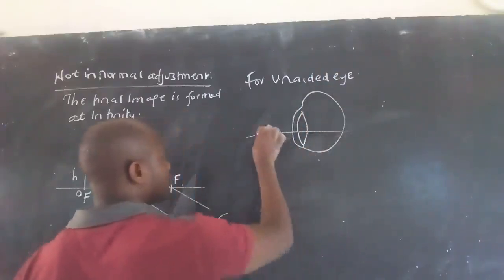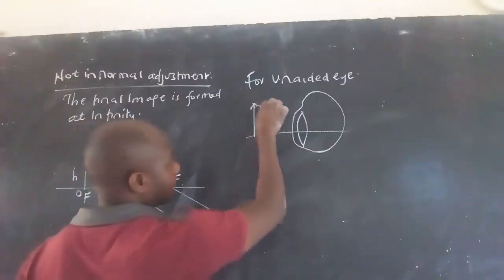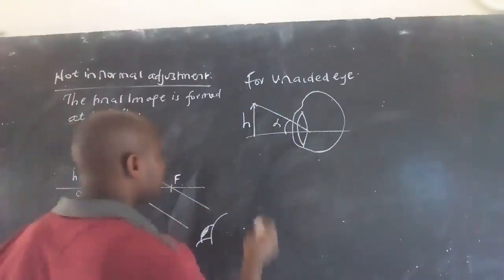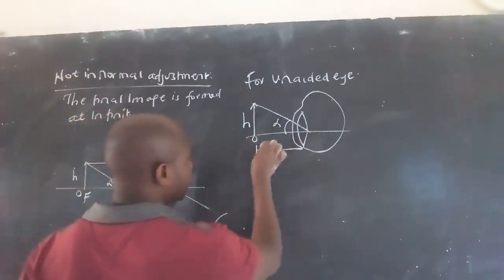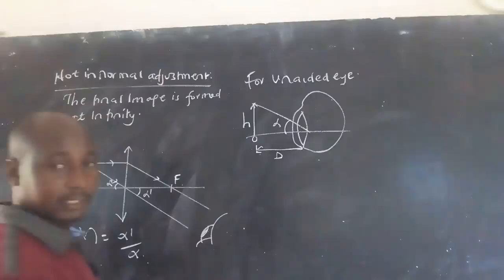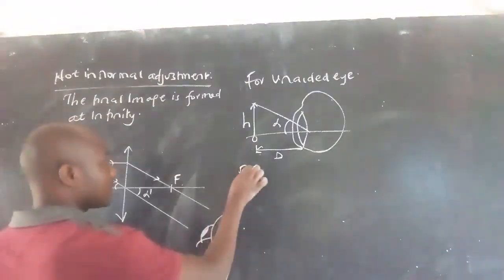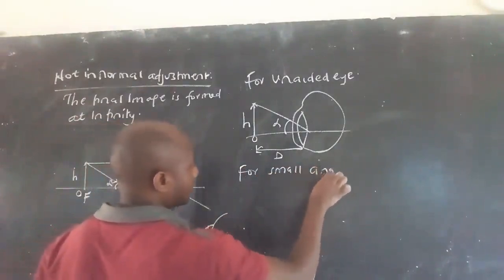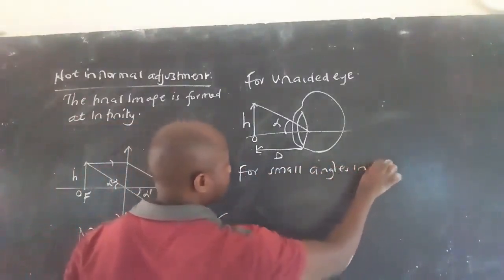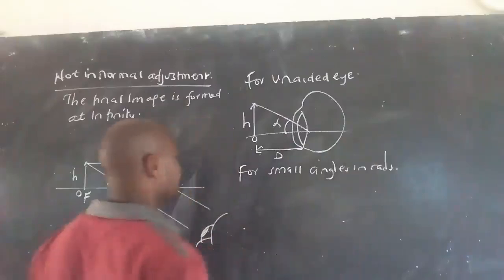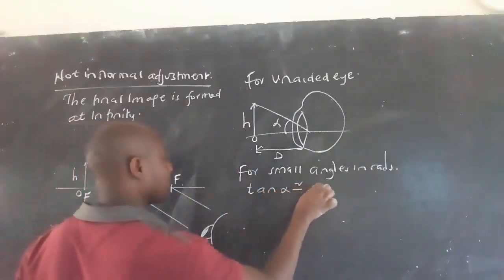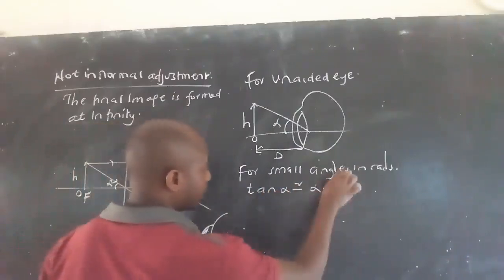This angle is alpha, this is the H. Then this is object O, but it should be placed at the distance D. Then for small angles, in radians, tan of alpha is approximately alpha, which is H over D.